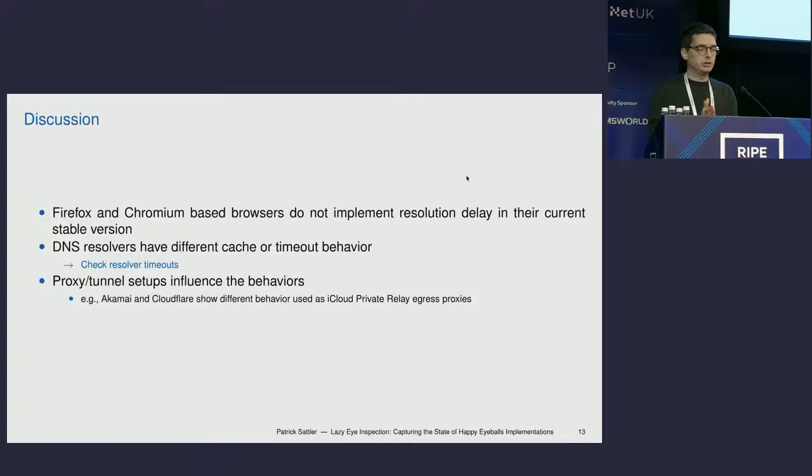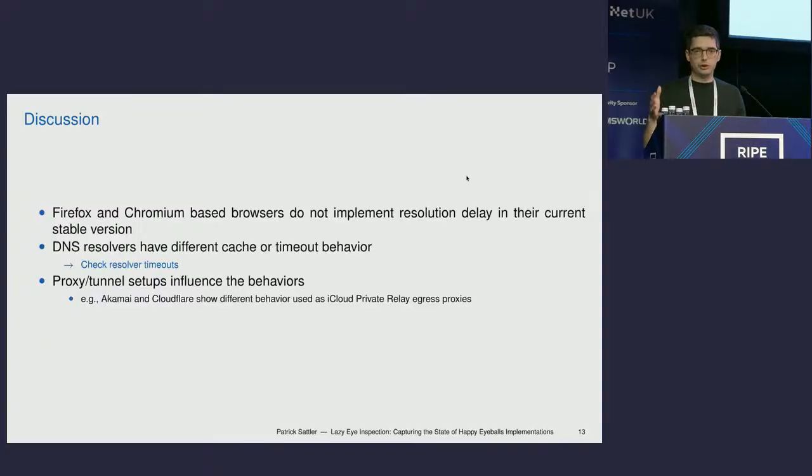Furthermore, something which I did not show you here on the slides is that we also found different behavior in certain proxy and tunnel setups, especially with iCloud Private Relay, which is in principle a two-hop relay with different egress operators. Two of them are Akamai and Cloudflare.